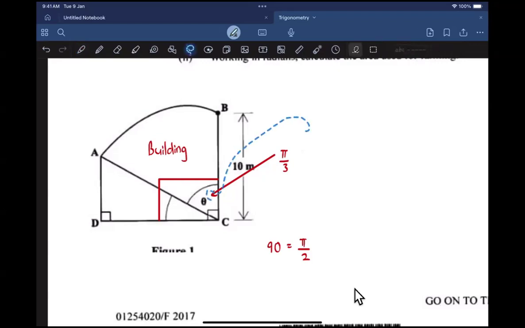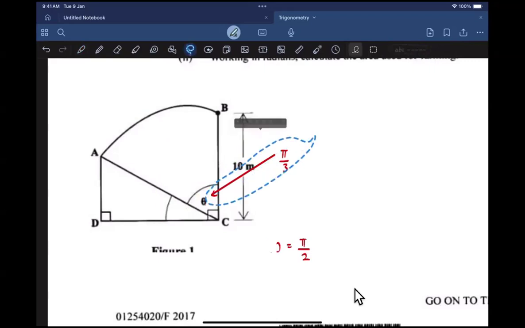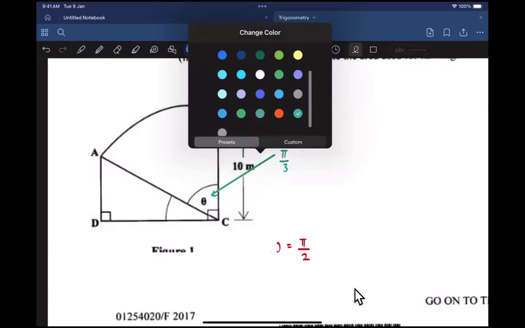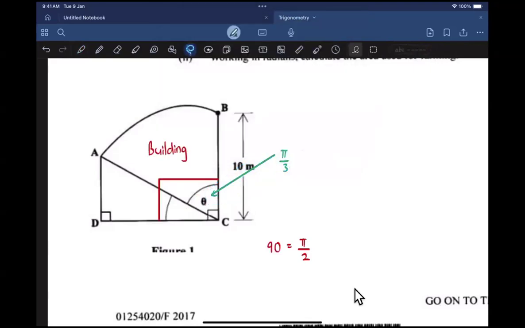Kira, remind me, pi is how many degrees? 180. So I can write 90 as pi over 2. 180 over 2 is 90, right?